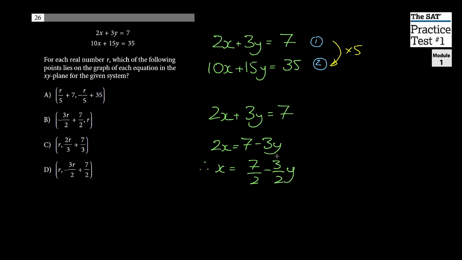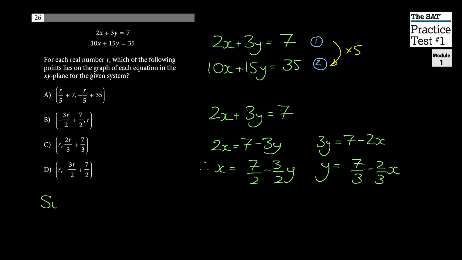So in a similar way, let's make y the subject. And I get 3y is equal to 7 minus 2x, and y is equal to 7 over 3 minus 2 over 3x.